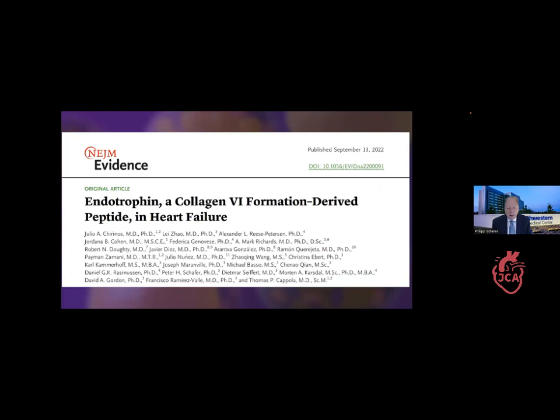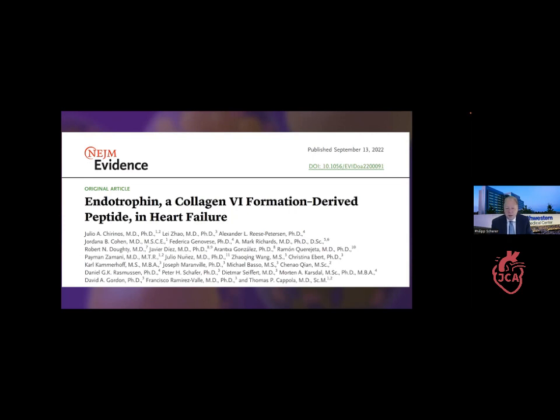Now, in the context of cardiovascular disease, endotrophin has entered the field as well. We see a number of papers that have popped up, initially mostly in the context of HFpEF, heart failure with preserved ejection fraction, with work from Bristol Myers and other colleagues at UPenn that looked at intervention.